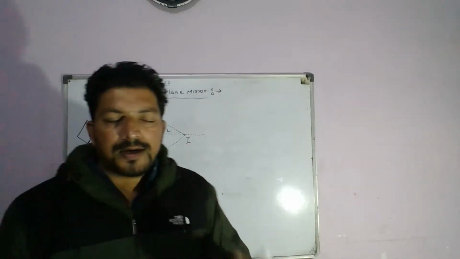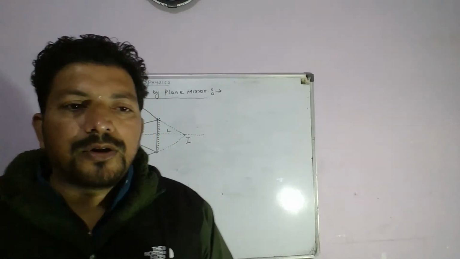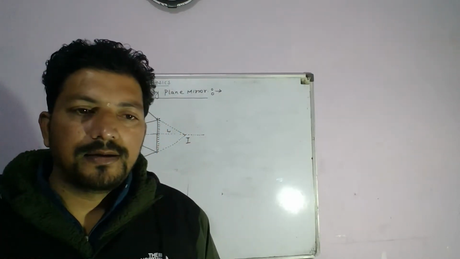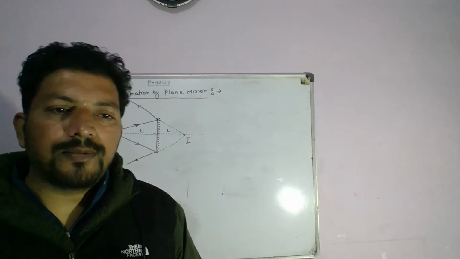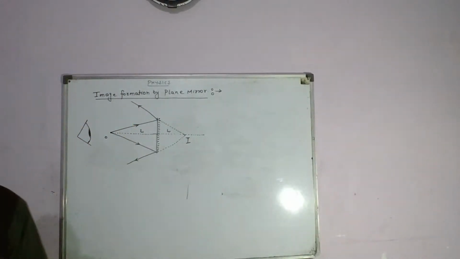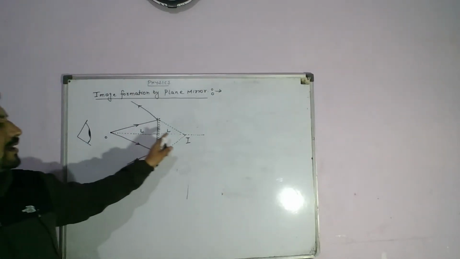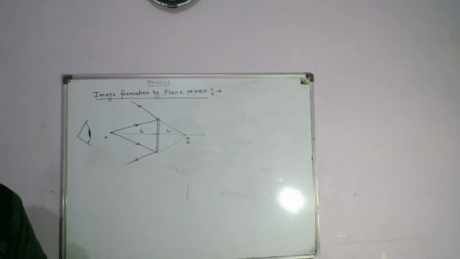From grade 10th, for image formation you require two incident rays and two reflected rays. If there are two incident rays, there are two reflected rays. In this case, a virtual image is formed, but the image is imaginary. We take one more example.